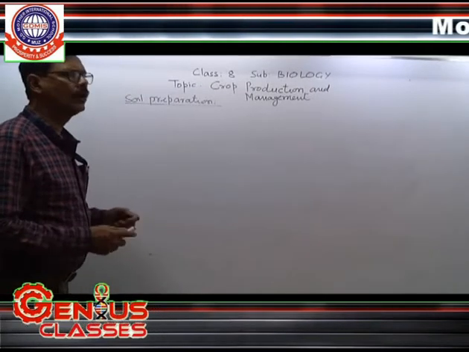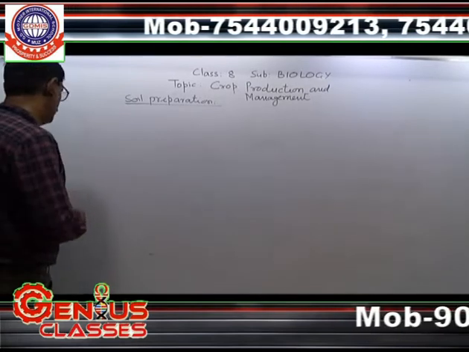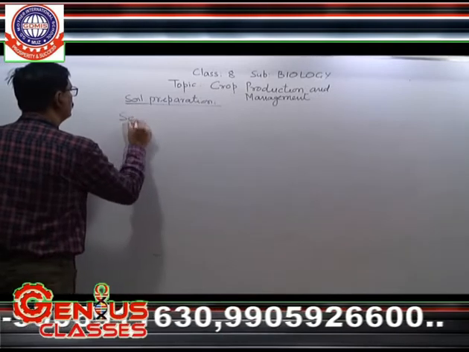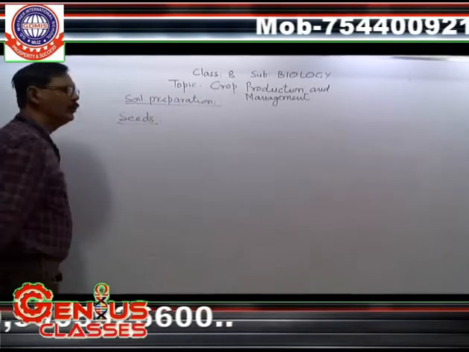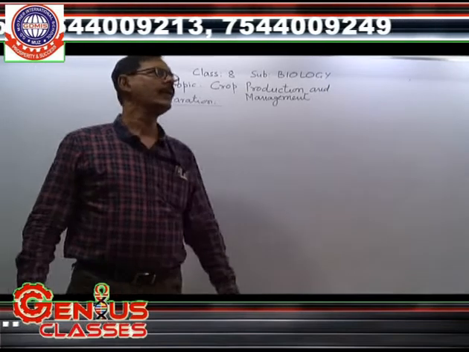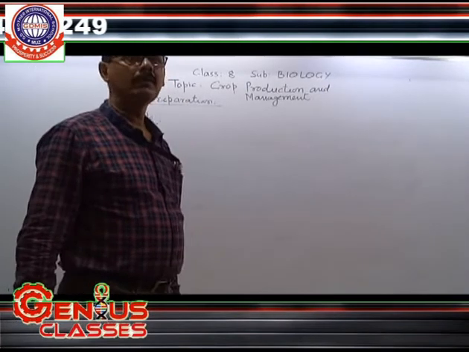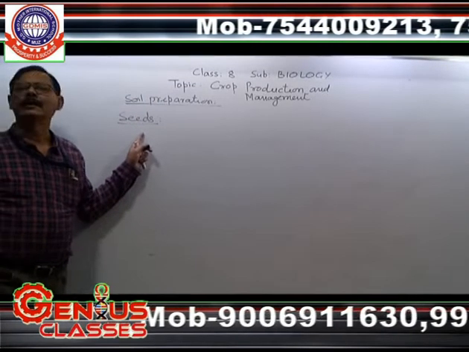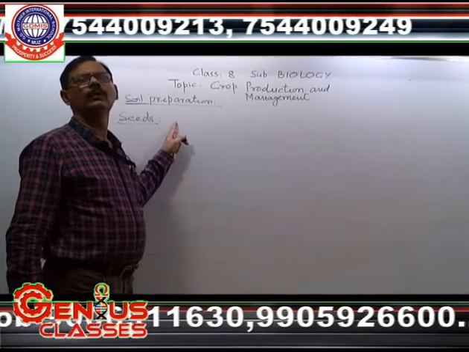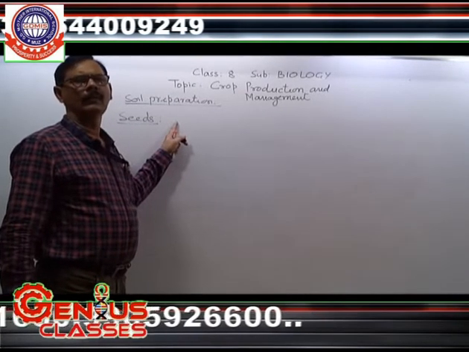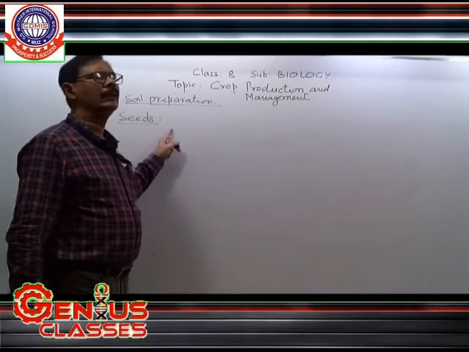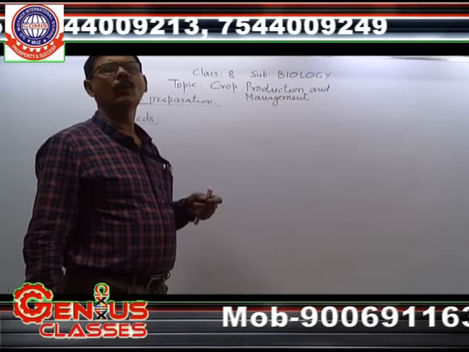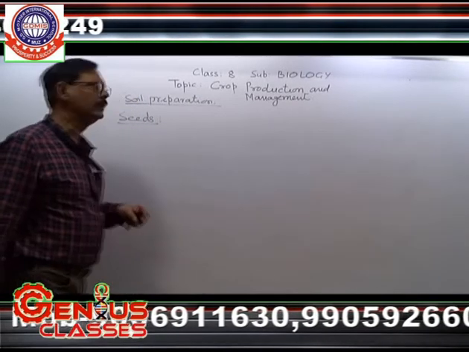So let us talk about the sowing of the seeds. Now during the crop production, seeds have a very important role, because seeds are the basic thing that gives the plant to grow, and each plant is grown from the individual seeds, which ultimately provide a large number of seeds, what we call our production.